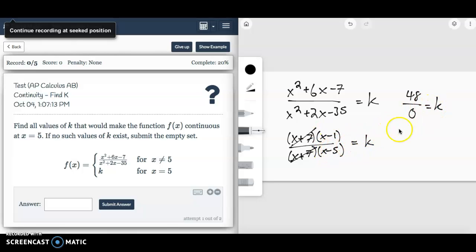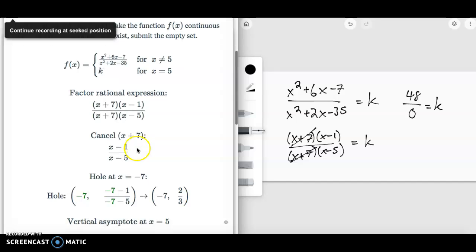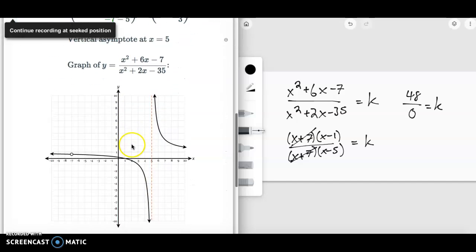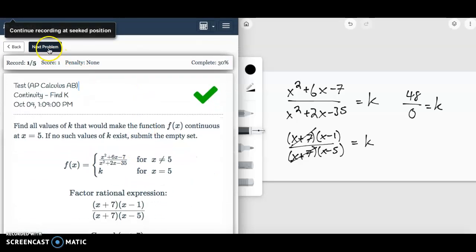So there is actually no value of k that would make this continuous. So I'm just going to submit my empty set. Then they explained that no matter what, everything's going to fall apart. So cool. All right, let's try another problem.